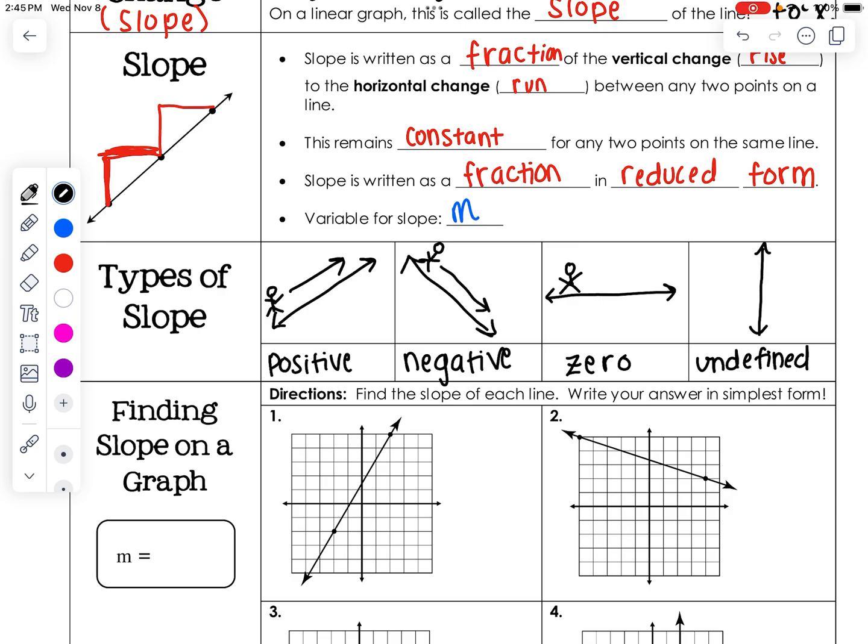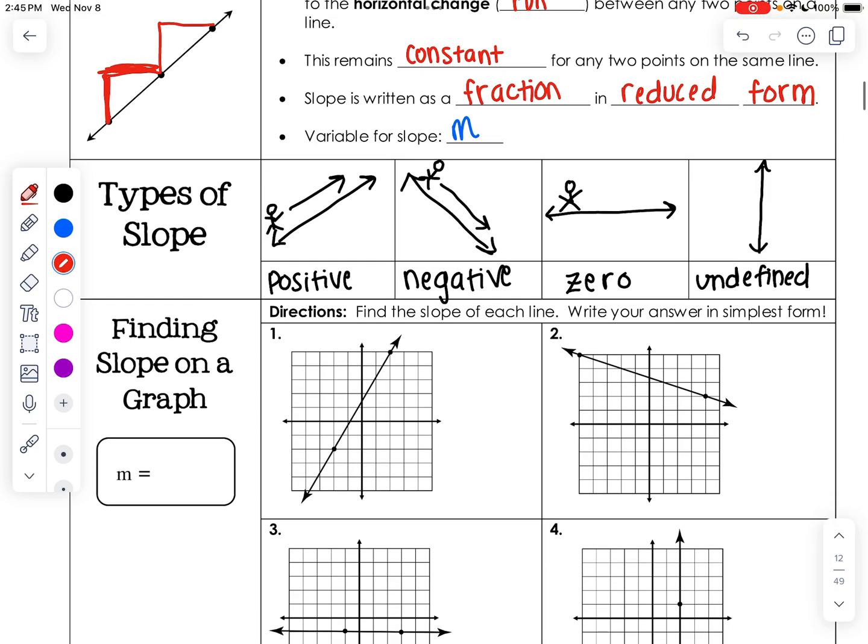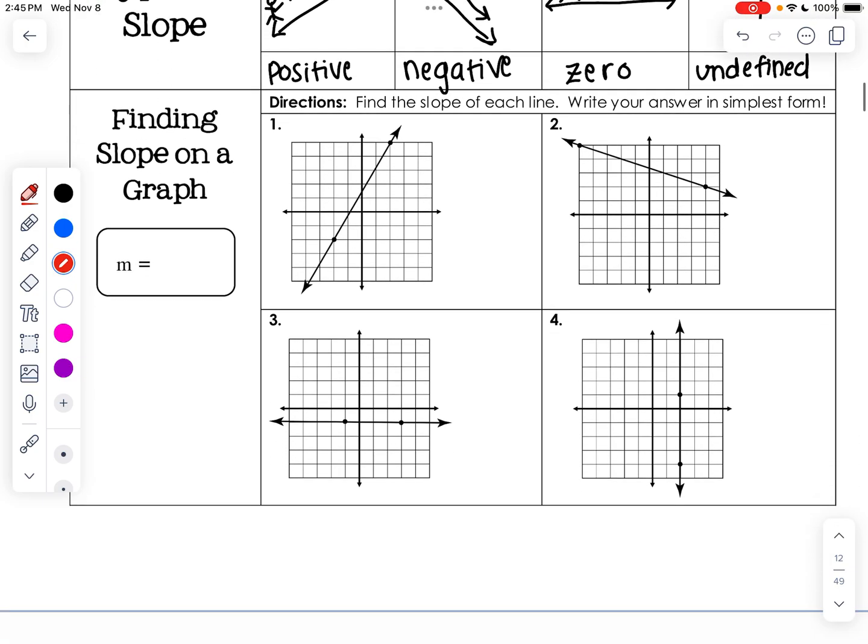So when we're finding the slope on a graph, we're going to be using m. Remember, m is the same thing as slope. So the slope equals rise over run. So you're going to start at this point, and you're going to rise 1, 2, 3, 4, 5, 6, 7, and you're going to run 1, 2, 3, 4.